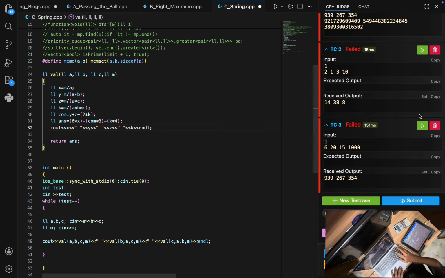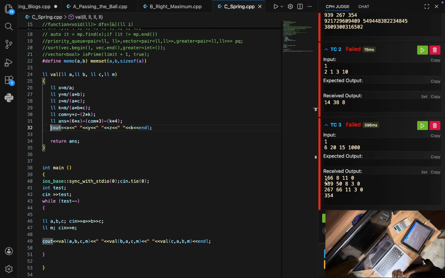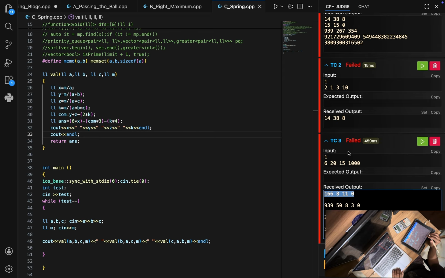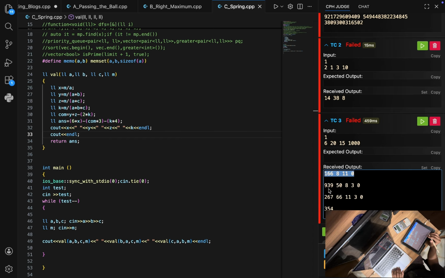So for 6, okay, I'm printing this way. It gave me 939, this one, then the next row, then that next row.